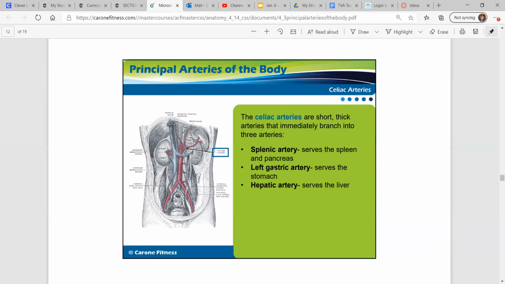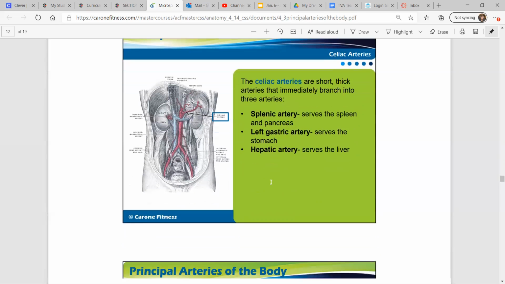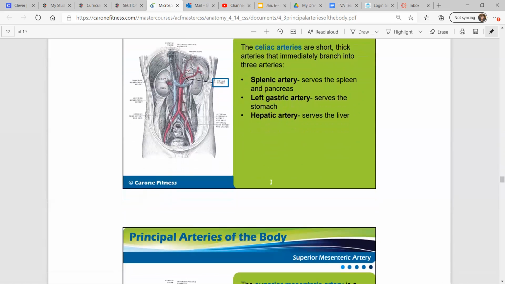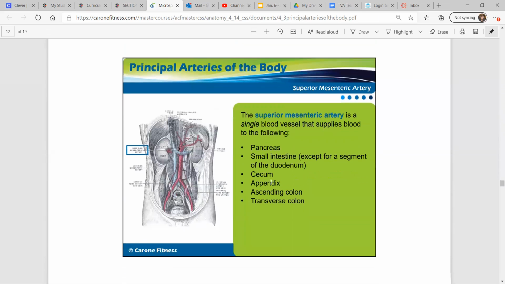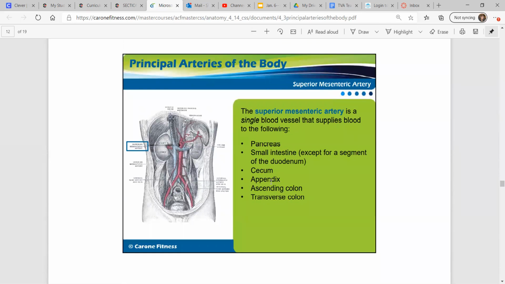Left gastric, think of stomach. Hepatic artery, that is the liver. So spleen, gastric, think of stomach acid, gastric. Hepatic, if you've ever heard of hepatitis, that's where that root word comes from. Or that's a similar use of the root word.